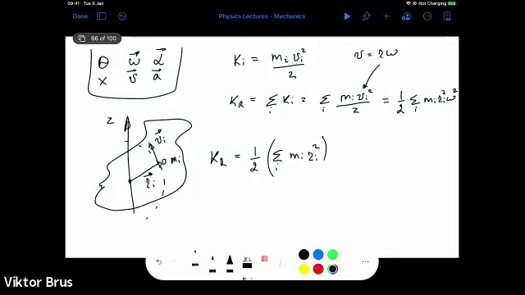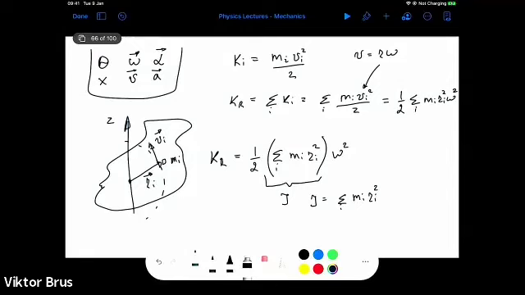Let's take it in parentheses, times omega squared. So this parameter, which is in the parentheses, is called moment of inertia and is defined as I, capital I. So moment of inertia is equal to the sum, for all parts of the rigid body, of m_i times r_i squared.